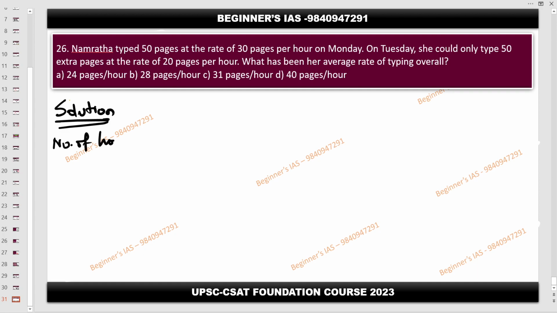The number of hours typed on Monday is equal to the total number of pages, 50 pages at the rate of 30 pages per hour, which is equal to 5 by 3.